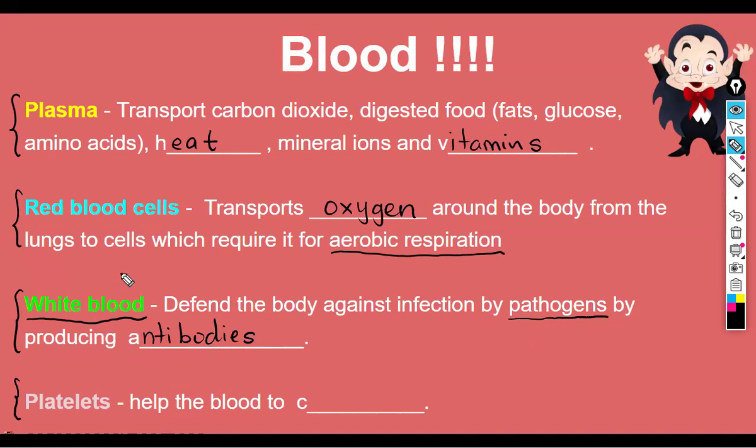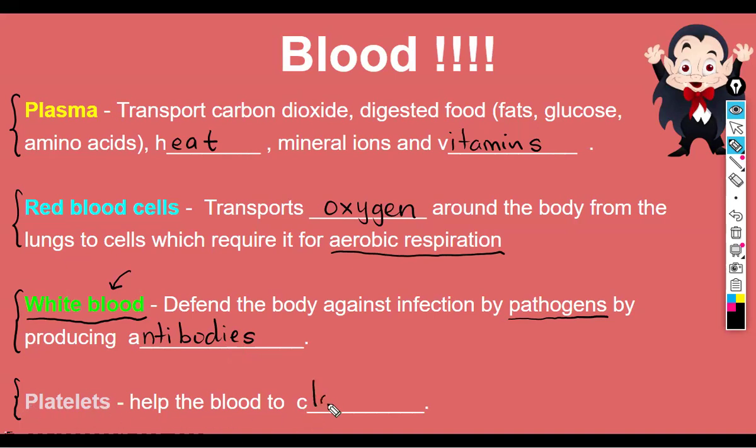Now, it's very important to know not all white blood cells produce something called antibodies that will try to defeat the pathogens. There are actually 2 major categories of white blood cells. Some of them produce antibodies and some of them don't. Obviously, we're going to discuss that in more detail later.